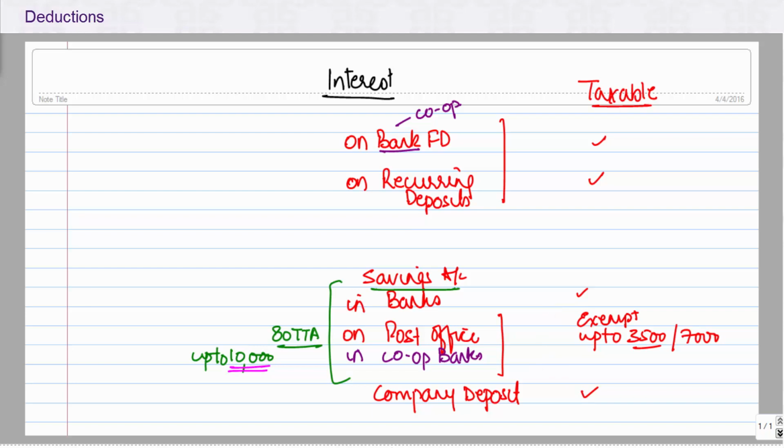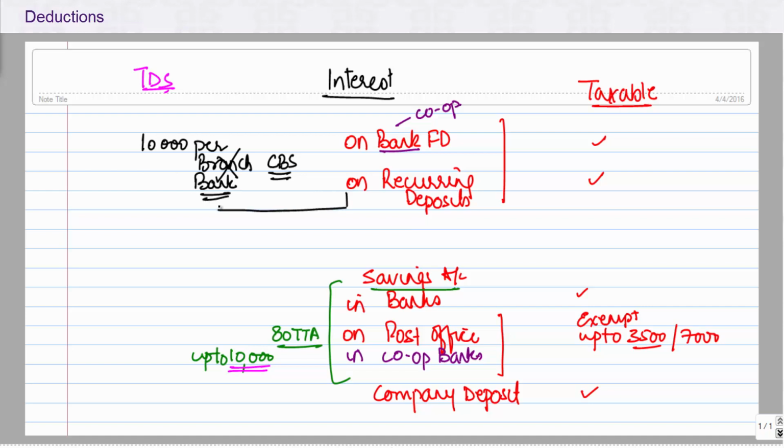The other is the point of TDS. Till 14-15, TDS was deductible on bank interest, FD interest only, and the limit was 10,000 per branch. Because now banks are following CBS software, which integrates all the data of all the branches, this has been removed and now it becomes per bank.